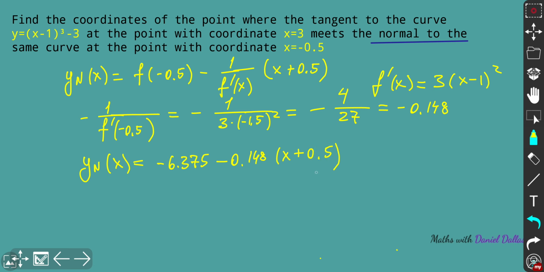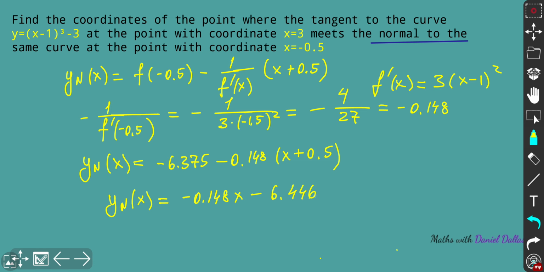And now it's the right time to simplify. I'm going to show you that the final equation for the normal is going to be equal to negative 0.148 times x minus 6.446.